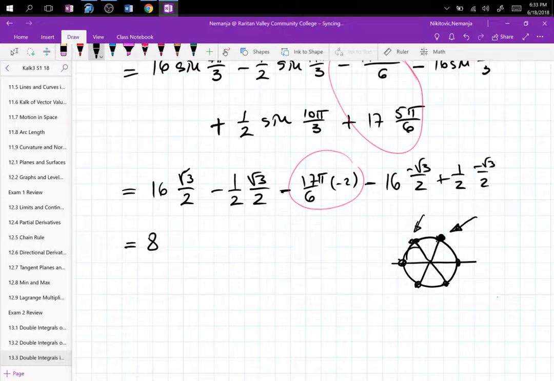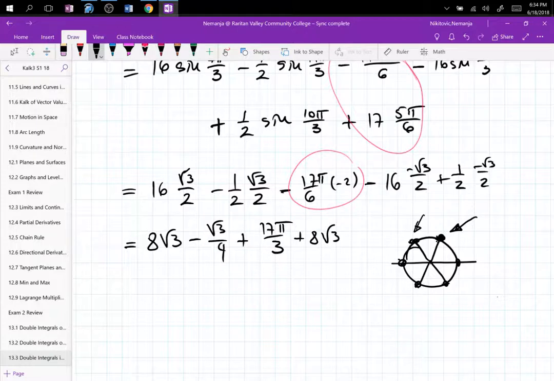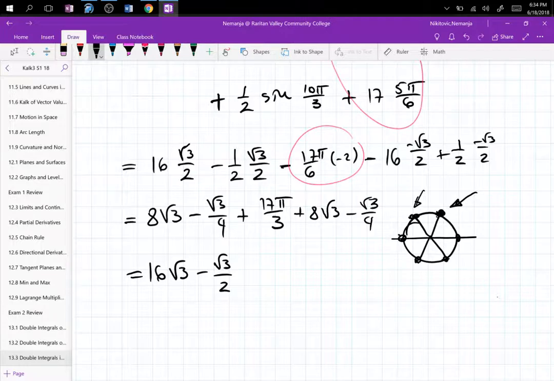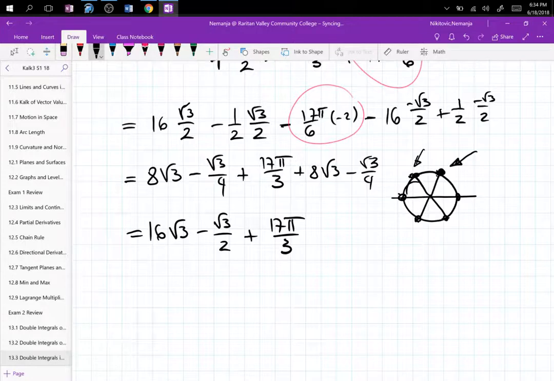This is 8 root 3 minus root 3 over 4 plus 17 pi over 3. Minus and minus gives me plus 8 root 3. And then minus root 3 over 4. So this is 16 root 3 minus root 3 over 2 plus 17 pi over 3. 16 minus a half is 15.5.